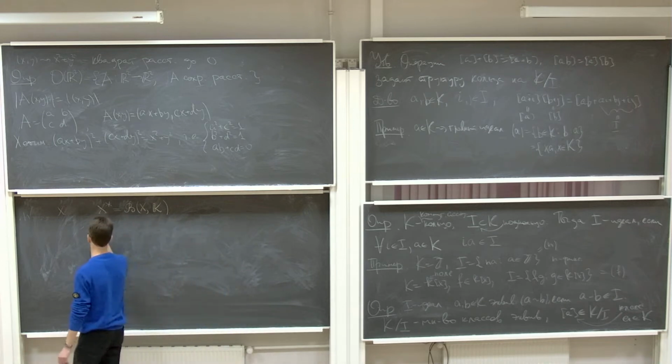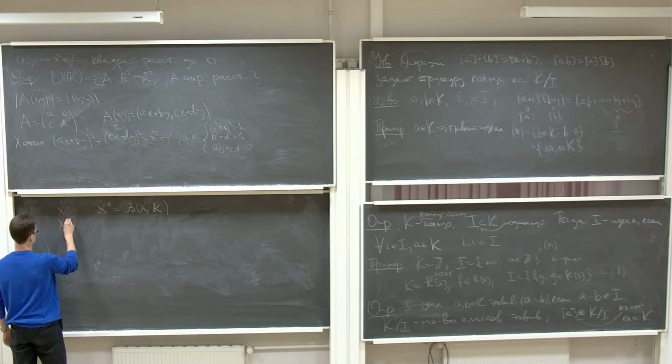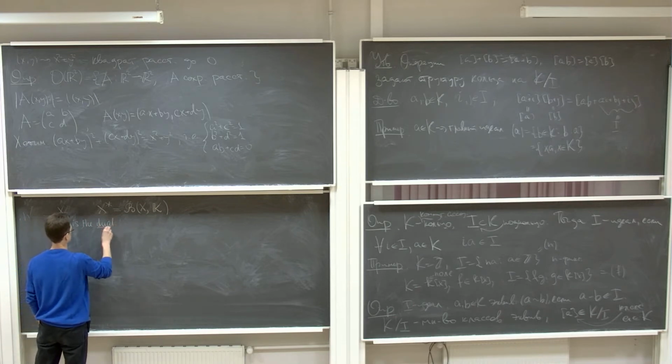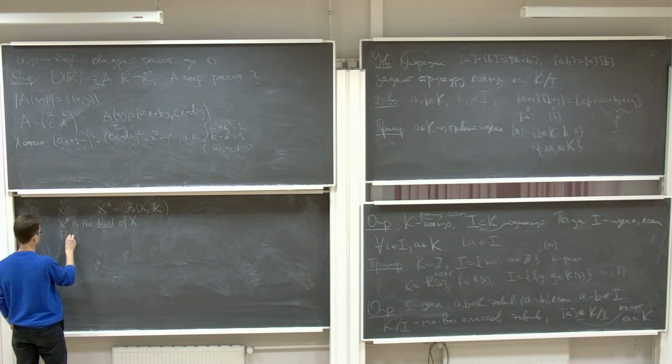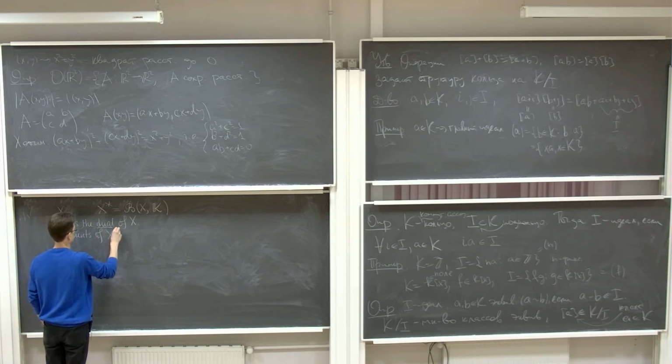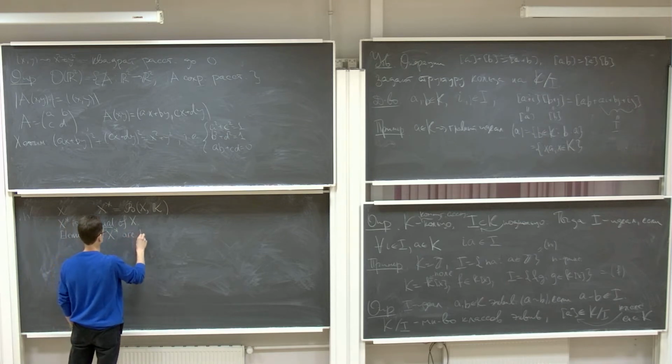And the elements of the dual are called bounded linear functionals.